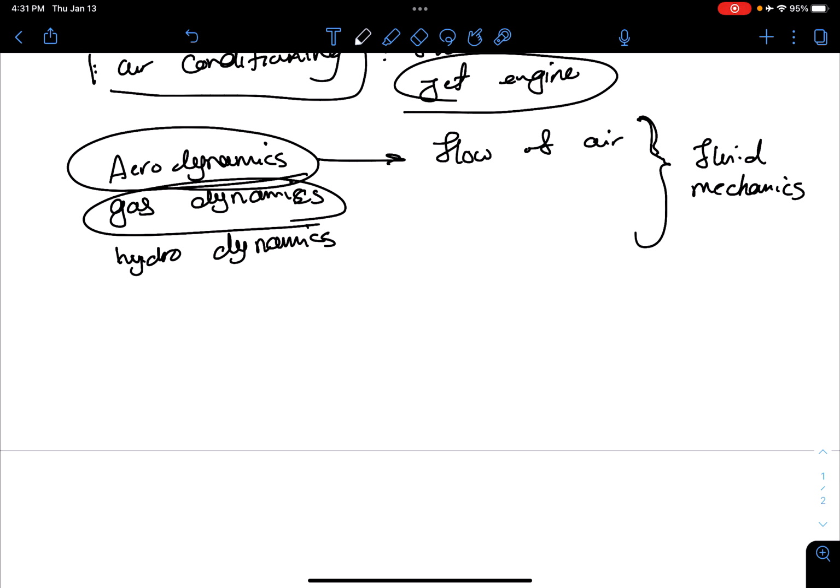If you were to analyze the movement of a plane in another planet, then your analysis should be gas dynamics. It should be a little more general than aerodynamics, right? But on Earth, we are mostly dealing with movement of air. Let me ask you a side question.